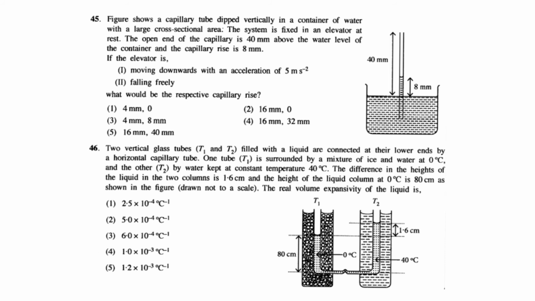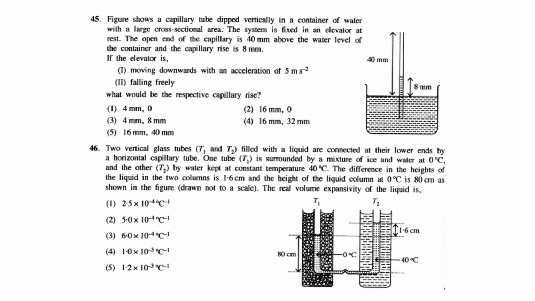H1 is 80 centimeter. 80 times 1 plus gamma delta theta, where the temperature difference is 40 minus 0, which is equal to 40, equal H2, which is 81.6. So we get 80 times 1 plus gamma times 40 equal 81.6.